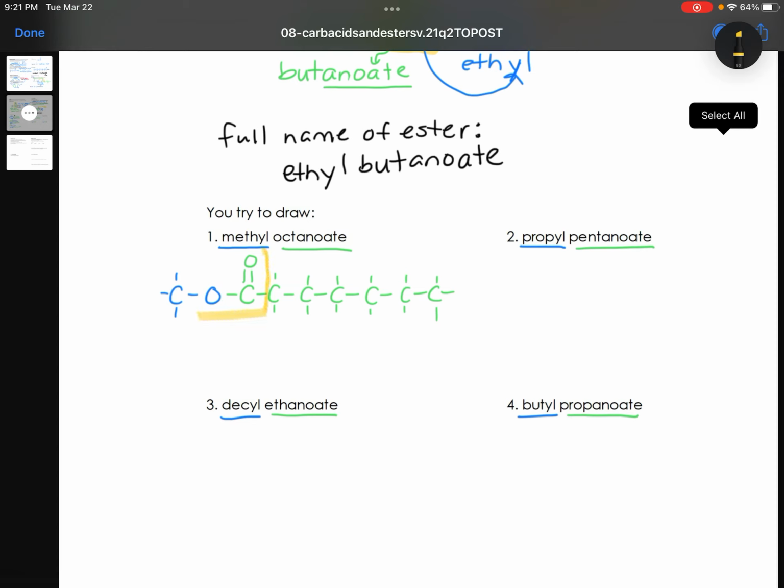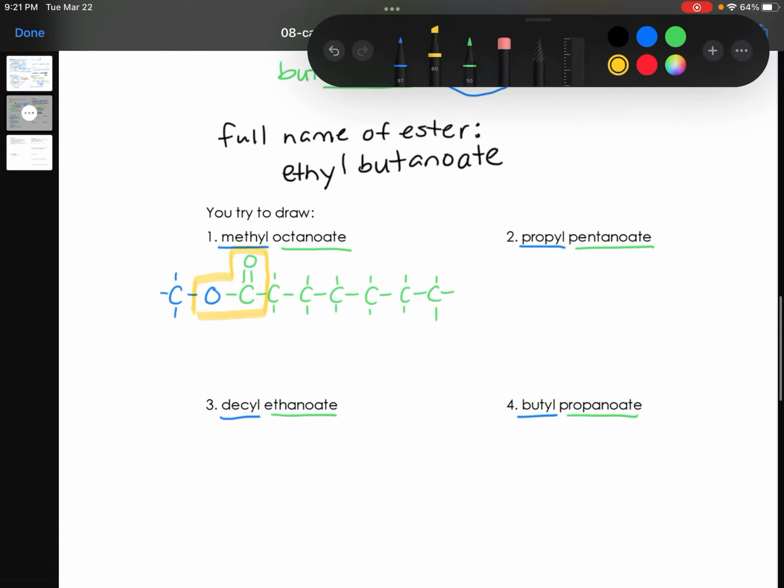So when you make an ester, when you draw it, just make sure that you're putting the O on the same carbon as the double bond O. So in biology, you would have called this an ester linkage. Okay, so you have linked 2 molecules together.